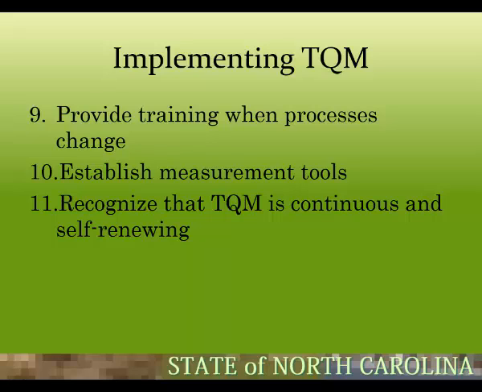Establish measurement tools. How are we going to measure our processes in the total quality management program? And then recognize that the TQM is continuous and it's always self-renewing. It's never going to be set in stone. It is going to change frequently because you're going to come up with new ideas, different ways that you can improve the process.